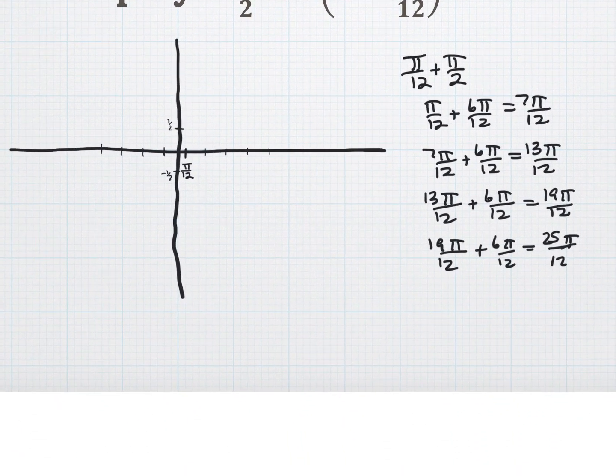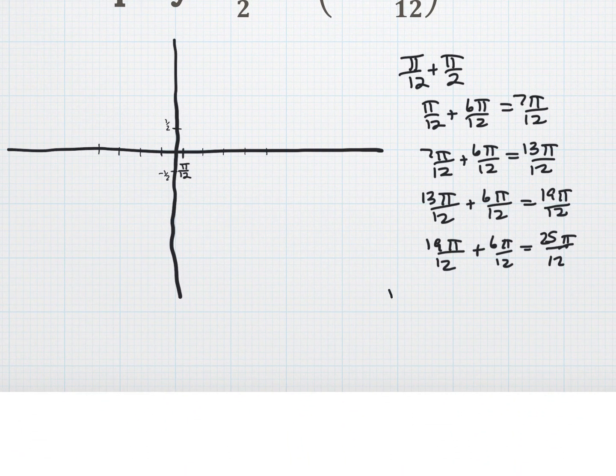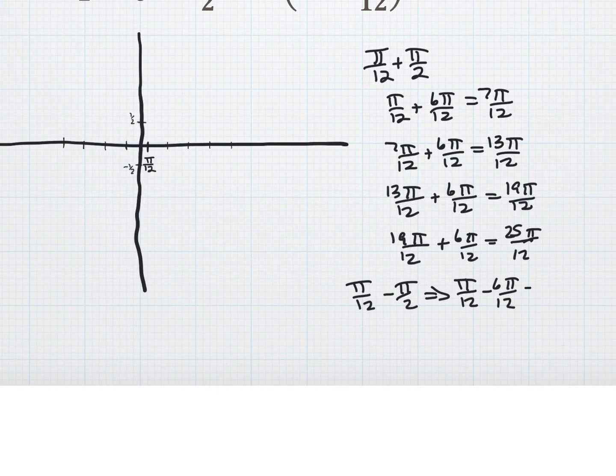Let me go ahead and do the left side as well. So pi/12 minus pi/2. With the common denominator, it's pi/12 minus 6 pi/12, which gives me -5 pi/12.